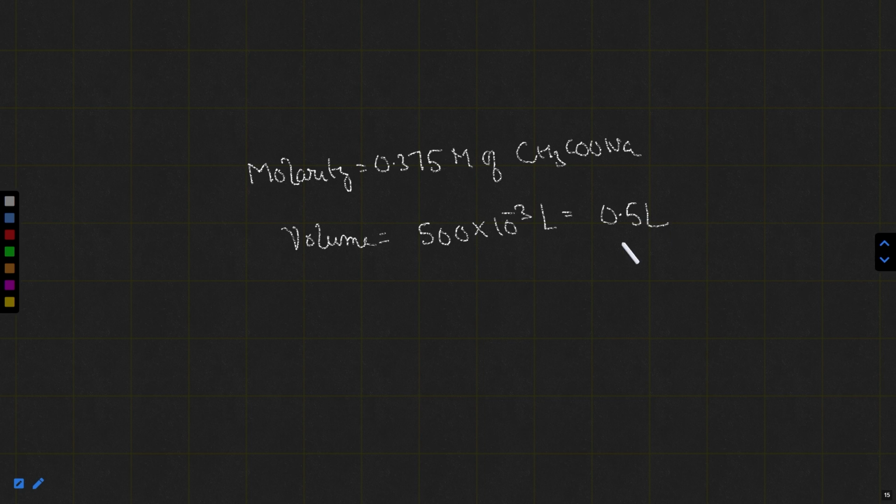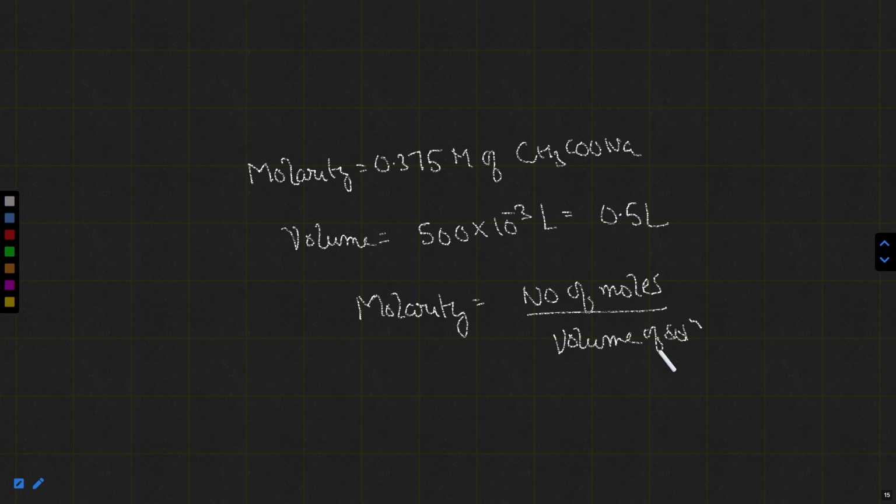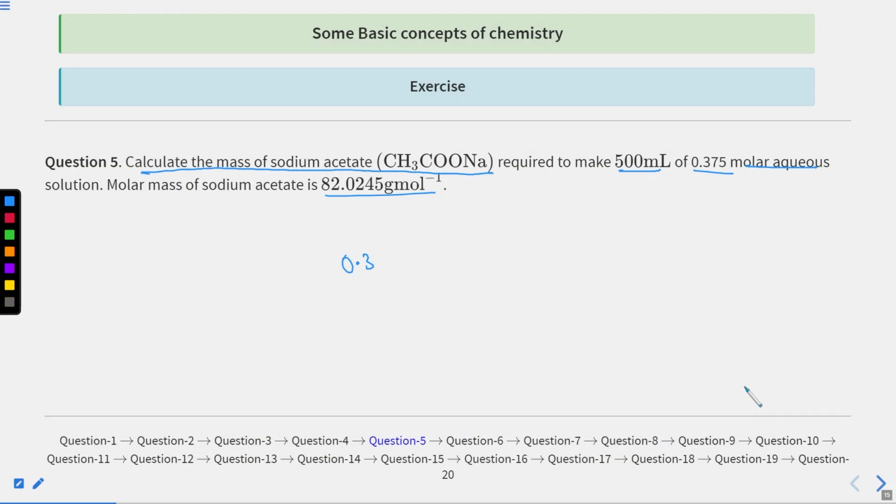Now we know the formula of molarity. It is number of moles divided by volume of solution. So that would give us number of moles equals 0.5 into 0.375. So this will be the number of moles. Now we have to calculate the mass.